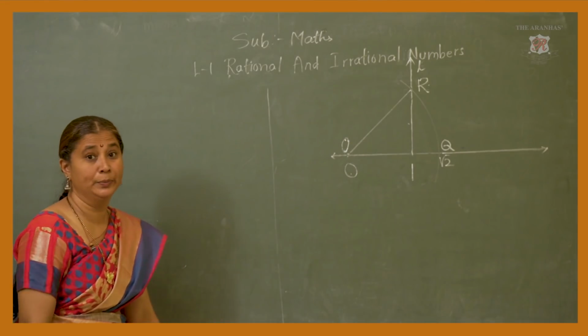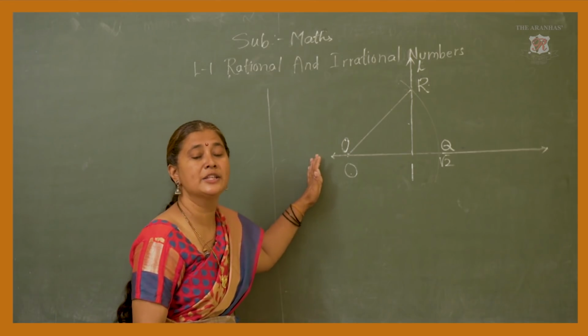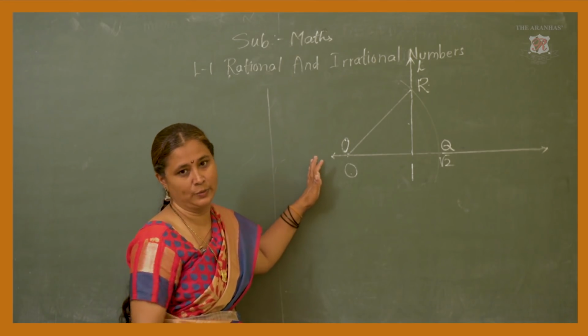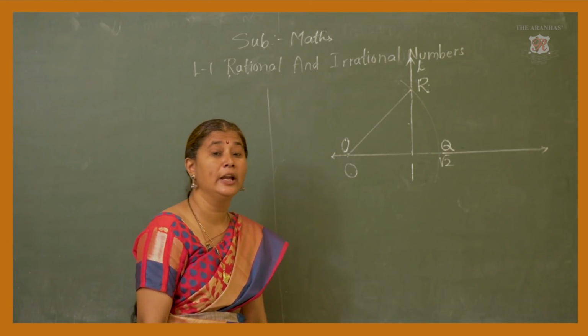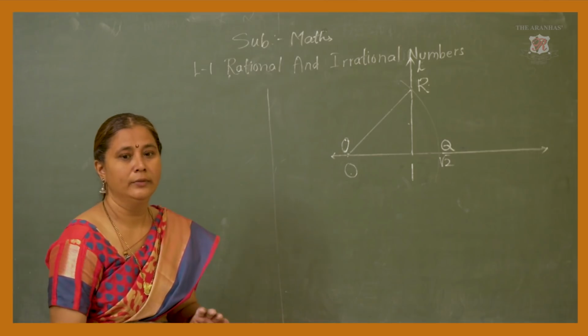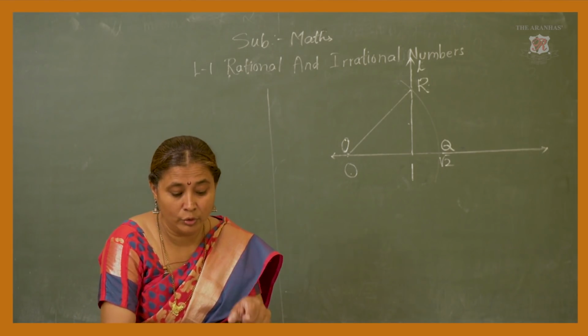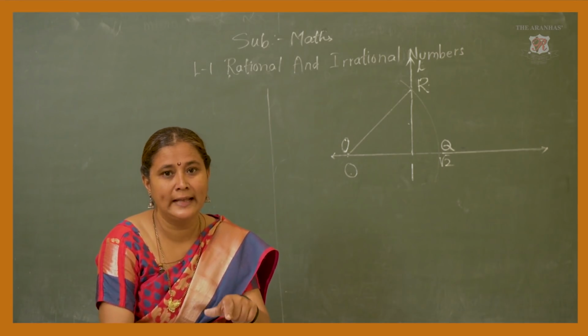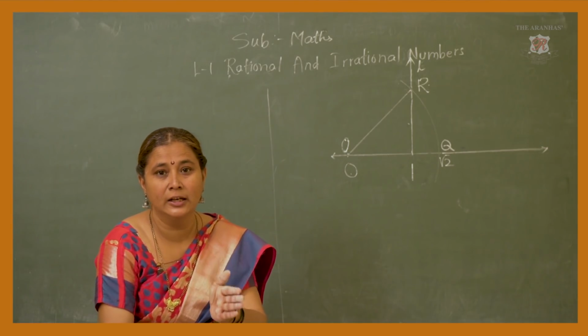Now, see here properly. Now, the figure is as shown in the textbook. And now, we have to represent root 3 on a number line. You have to understand how to solve the activity for root 3. So, start to read the activity.